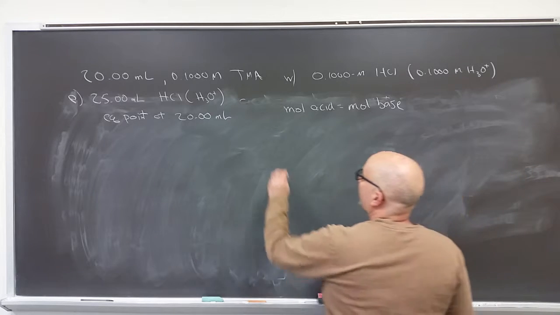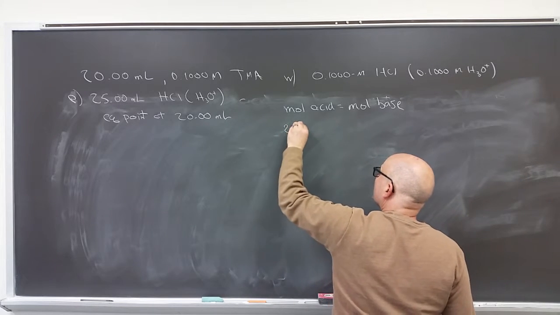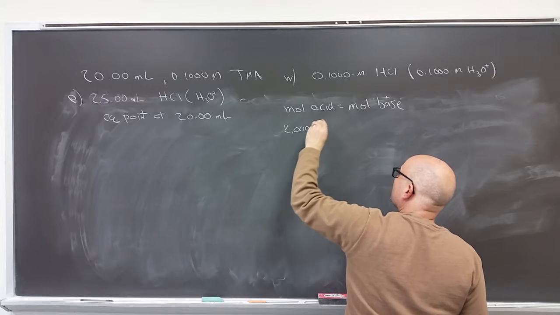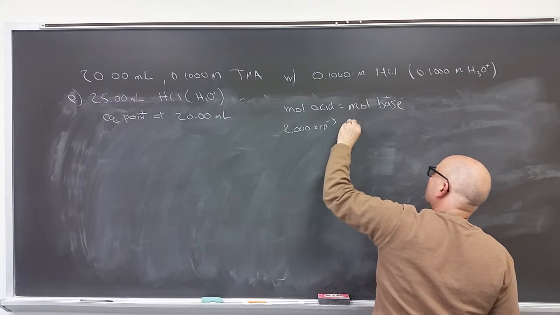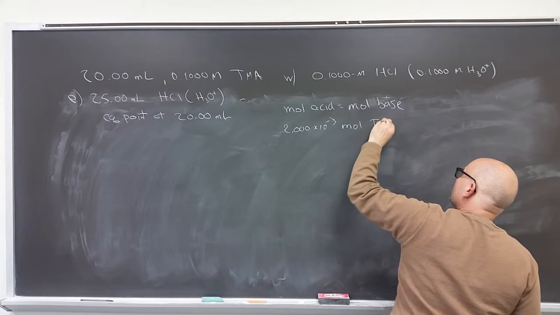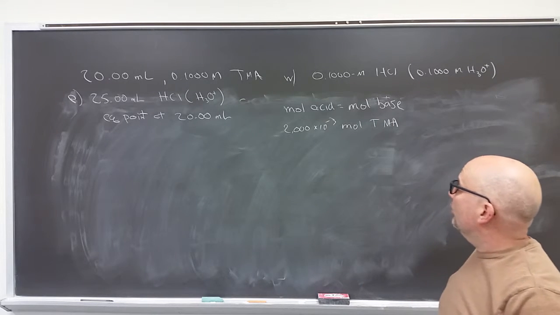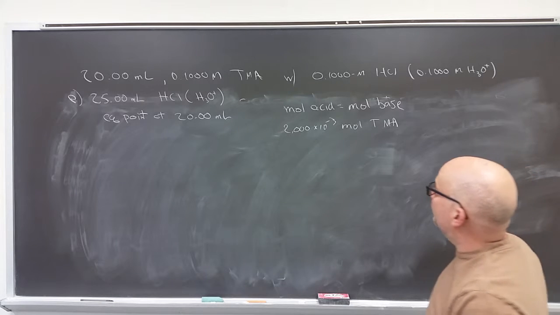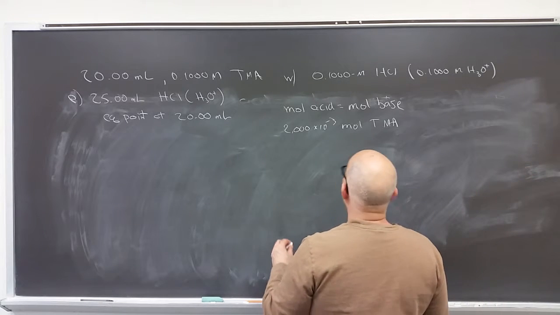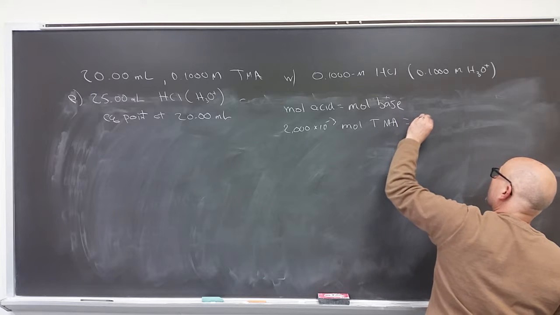So we knew that we had two millimoles of the base trimethylamine. Let's see, so for the moles of acid, that's how much base we had.